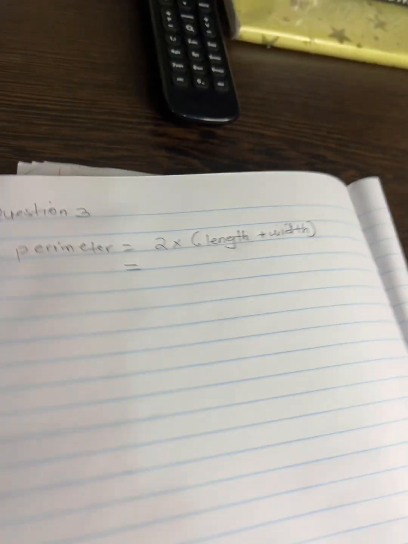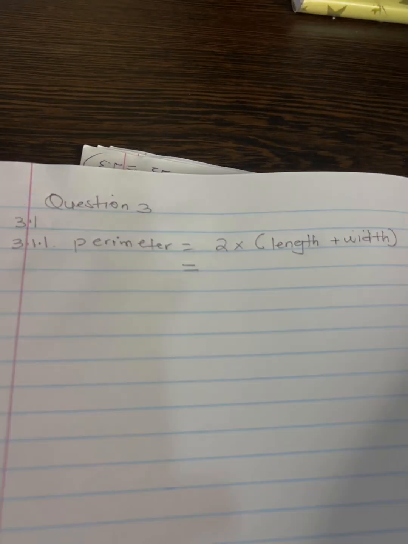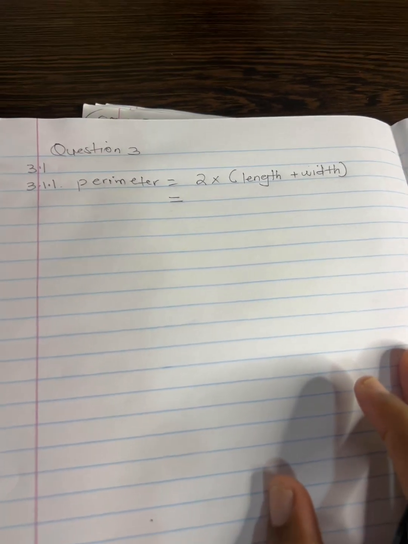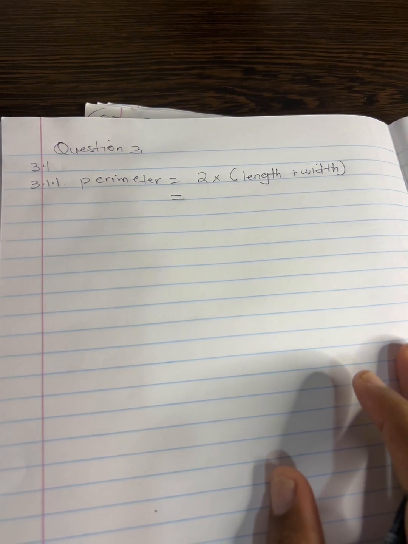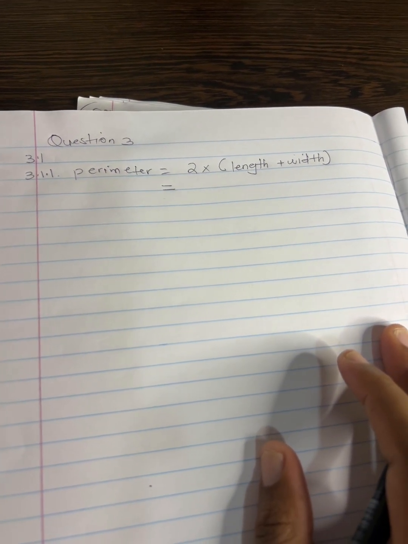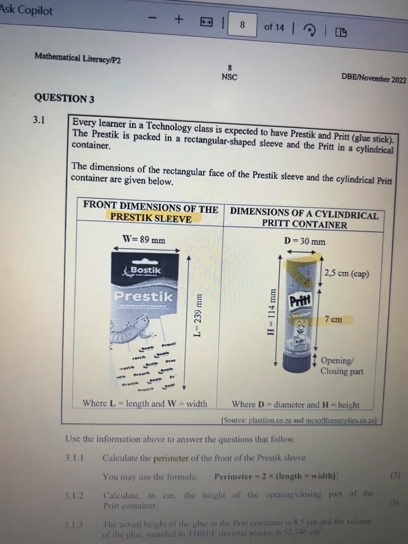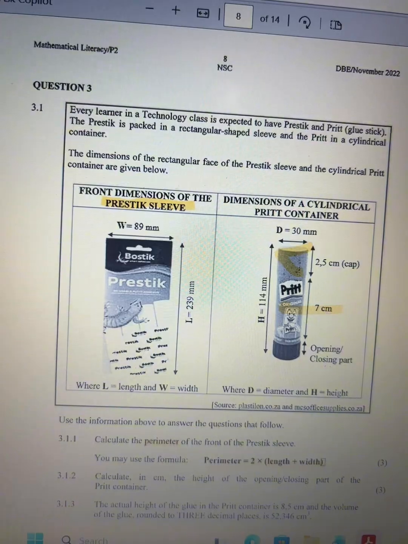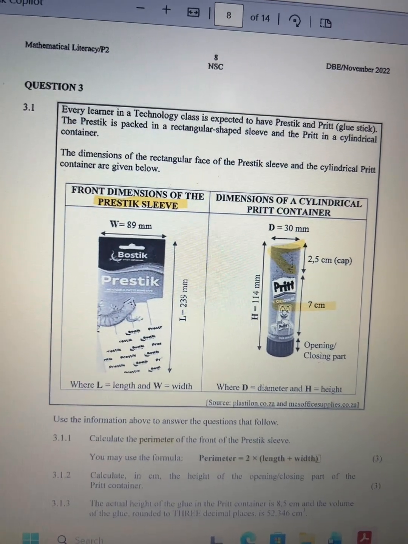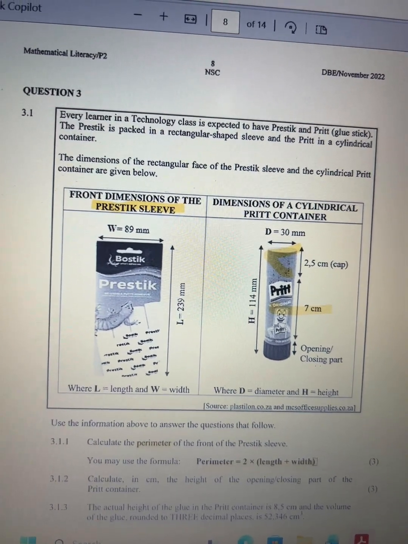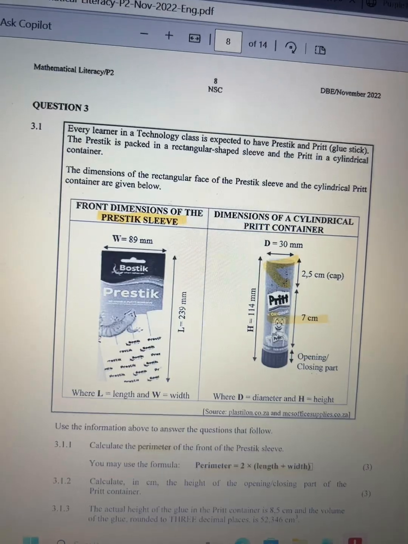It means that we go back to the question and the drawing, and look at the length and the width that we are given. Here we have the width, which is 89 millimeter. Where there's a width, we are going to put 89 millimeter. Where there's length, we are going to put 239 millimeter.